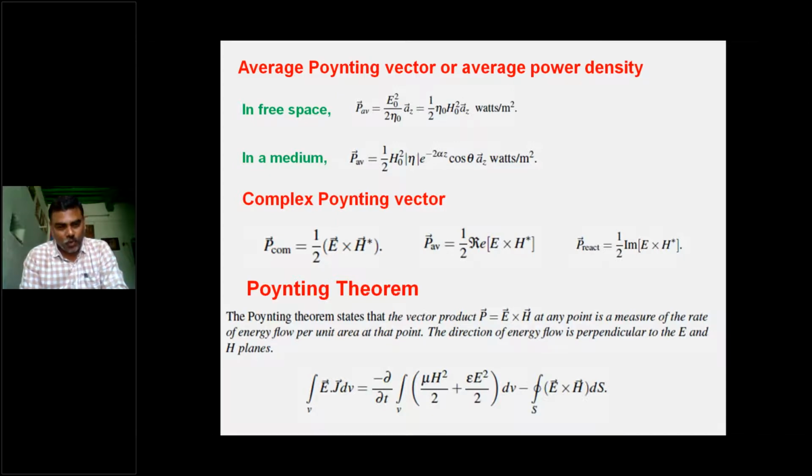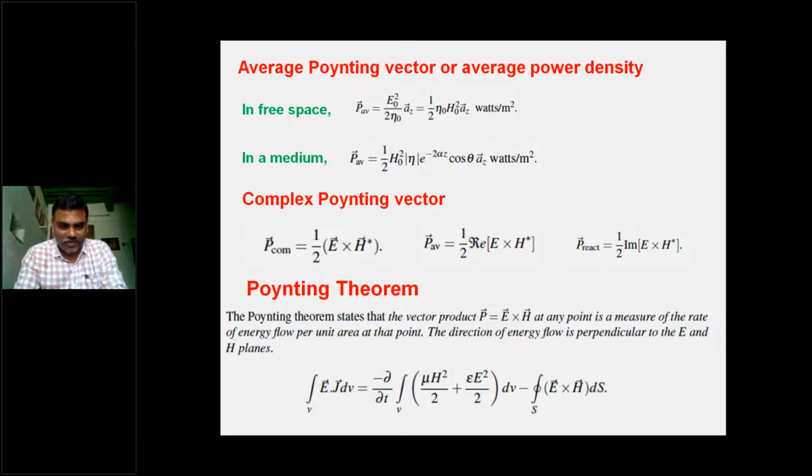The direction of energy flow is perpendicular to both E and H. Why? Because it is a cross product. So since E cross H represents energy flow per unit area at that point, we call that the Poynting vector. That's why the units are watts per meter square.